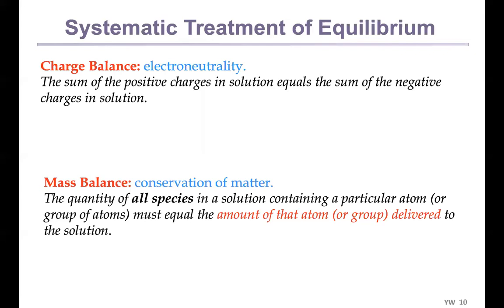The total amount of that specific atom or group of atoms, if you add them all together, should equal the amount of that atom or group delivered to the solution. Okay, so we will talk about them in detail by using examples.